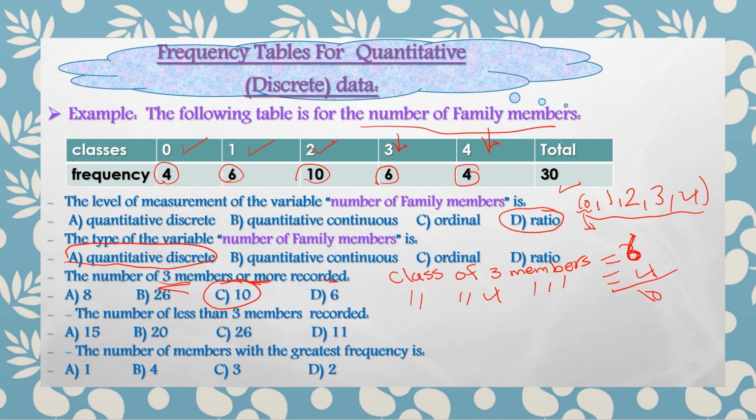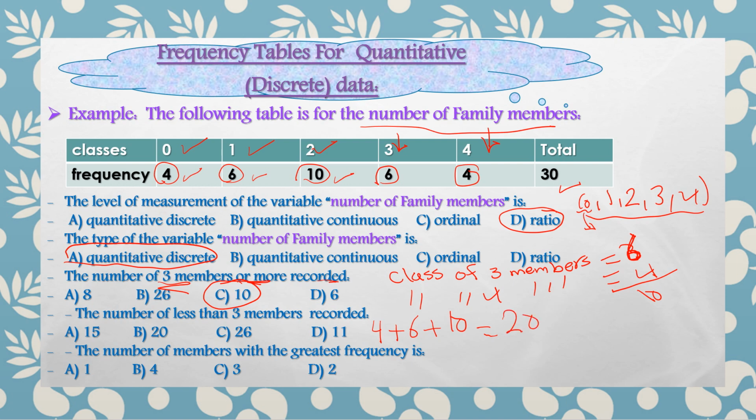And the frequency for these 3 classes is, for the 0 class, the frequency equals 4, and for the class of 1 member, the frequency equals 6, and for the class of 2 members, the frequency equals 10. So the total number of frequencies here equals 4 plus 6 plus 10 for the 3 classes, and this equals 20.